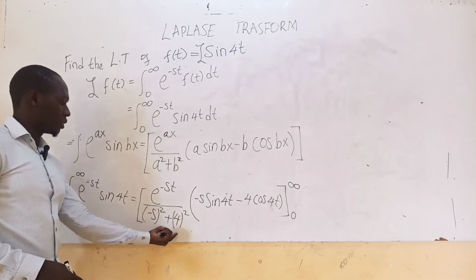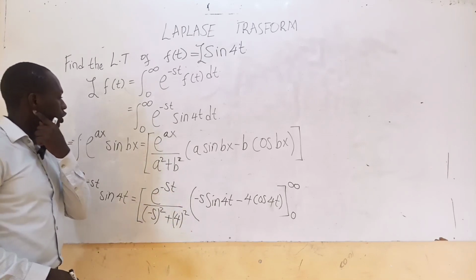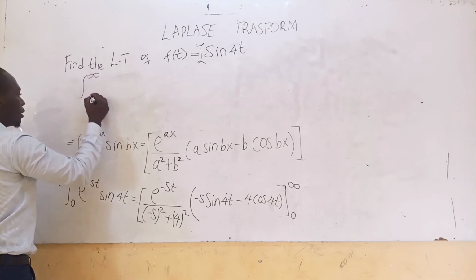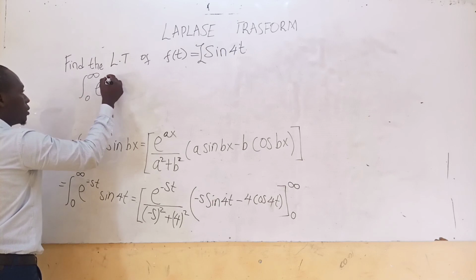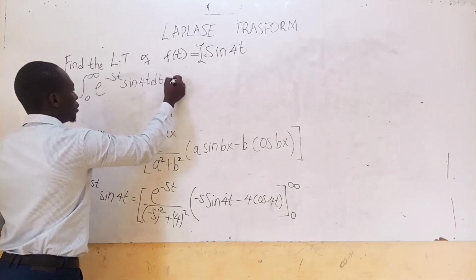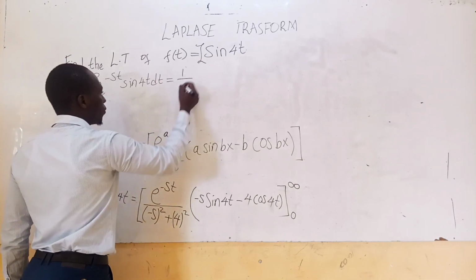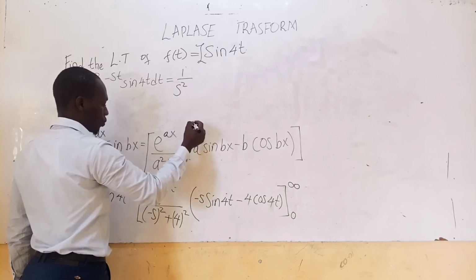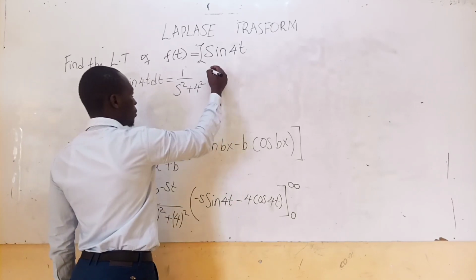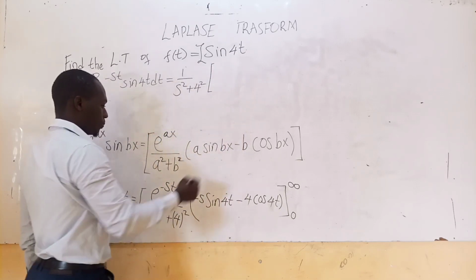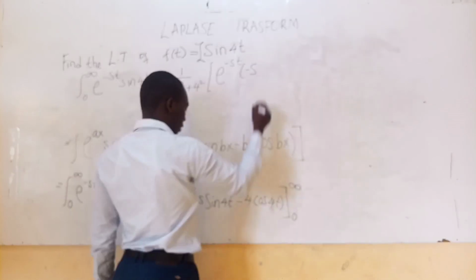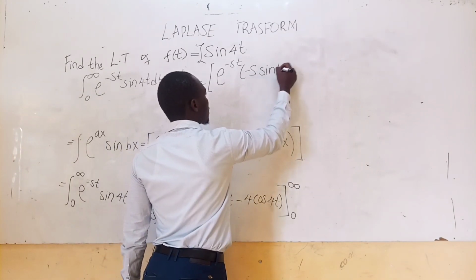Now let us factor out our denominator, since it does not contain a term of t which will be affected by the limit. Now we are going to have an integral of exponential negative st sine 4t with respect to dt equal to 1 over s squared plus 4 squared into exponential negative st into negative s sine 4t.